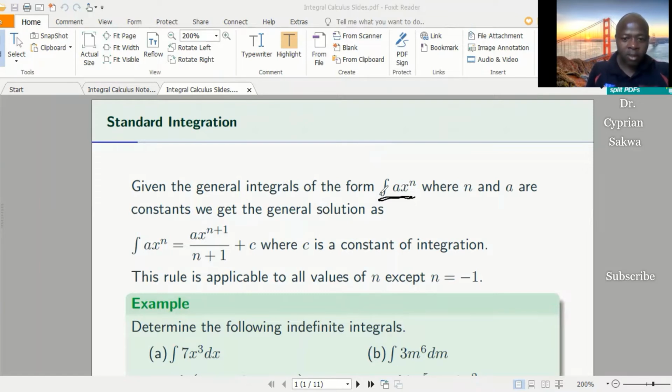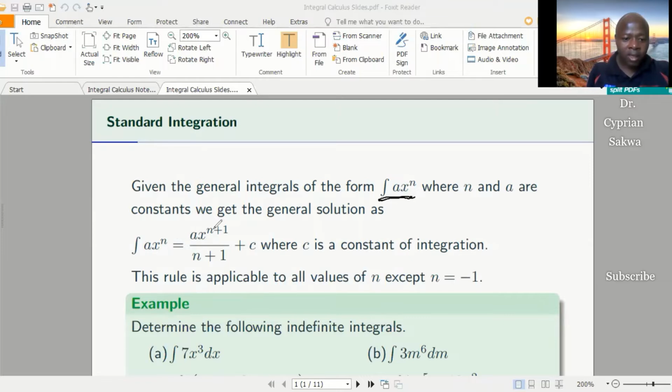So I'll begin with what we already know: if you're given an integral of this form, where n and a are constants, and you are asked to integrate it, generally this is how we give the solution.